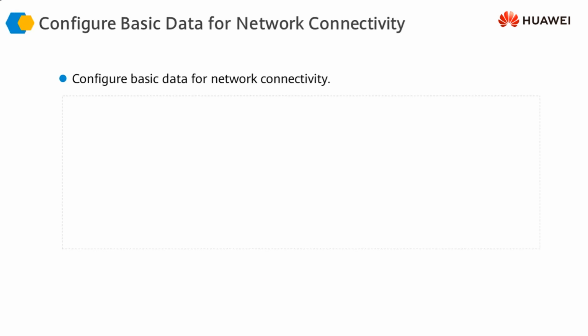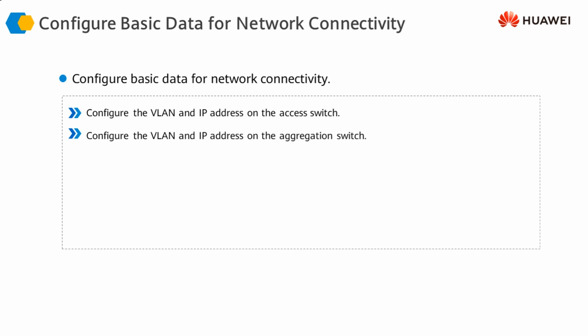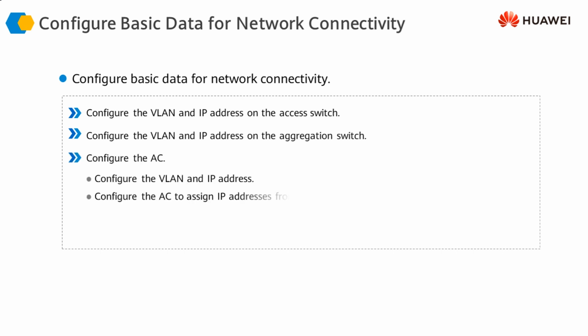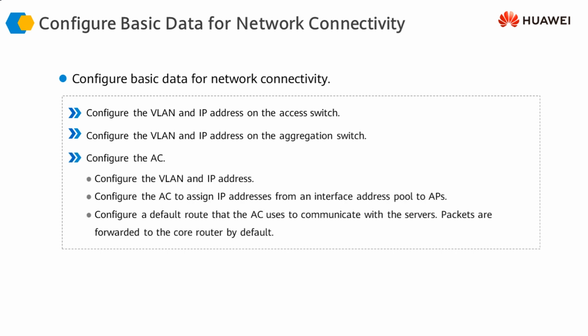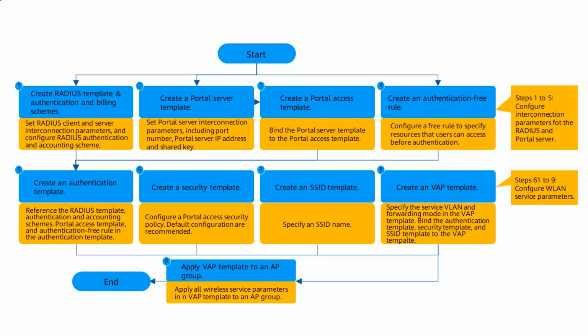This is the basic configuration which you need to do on the switches for providing basic connectivity, VLANs and IP addresses, etc. This is the flowchart which you need to follow. As you can see, there are a number of configuration elements which you need to configure on the access controller. You start here.